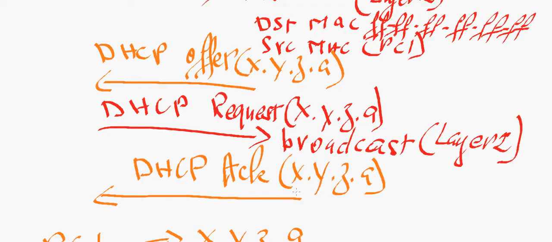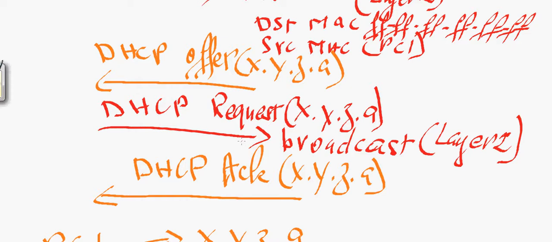The DHCP client is going to send a DHCP message of type request, which means that it will inform everybody that this is the IP address that it was offered, so it's going to commit itself to using this IP address. And the request here is broadcast as well, because it wants to inform everybody.